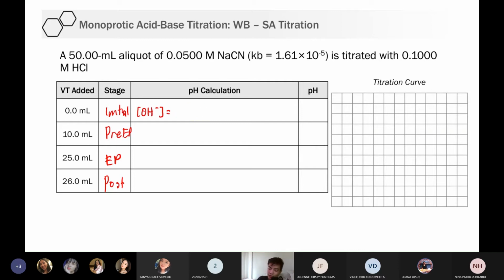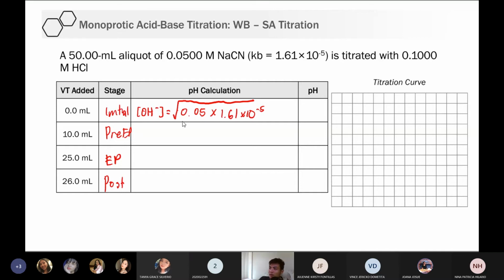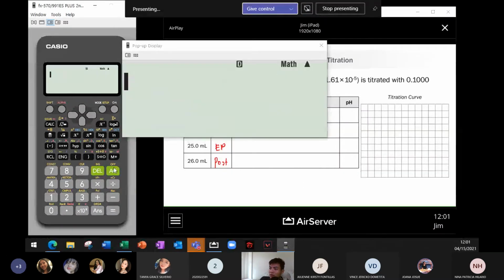Ano yung CB? Curriculum vitae. Vitae talaga, no? Ang corny na. Pagbigyan nyo na. As KB is 1.61 times 10 raised to negative 5. Minimize ko to ba? CBKB lang yan. Tatype ako dito. Okay?